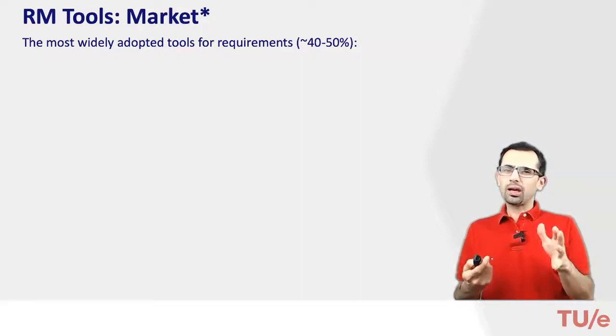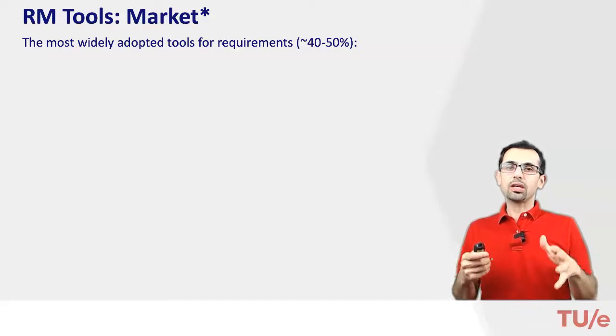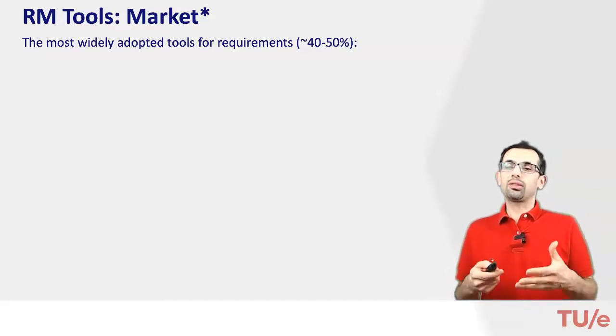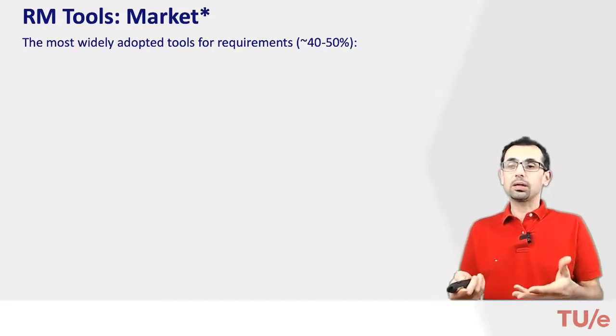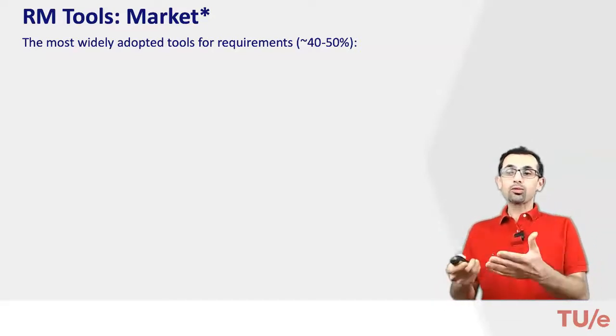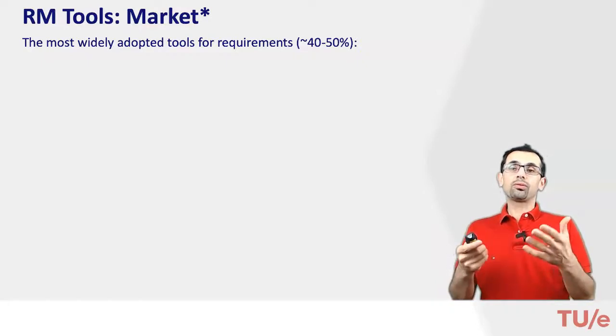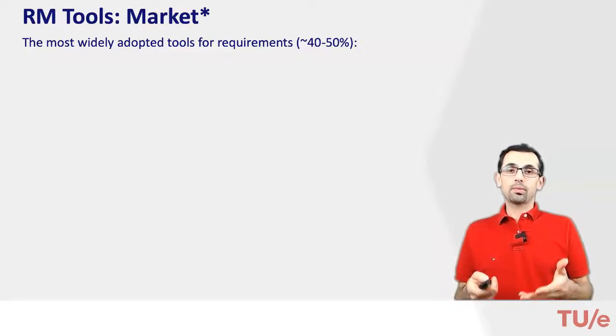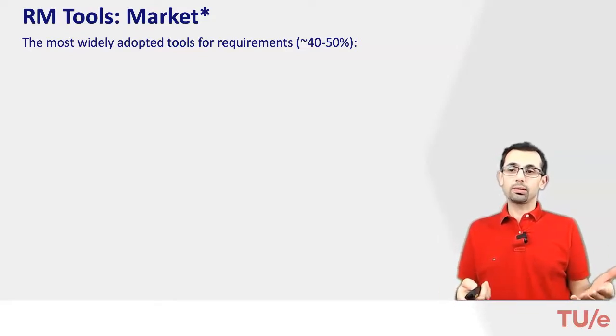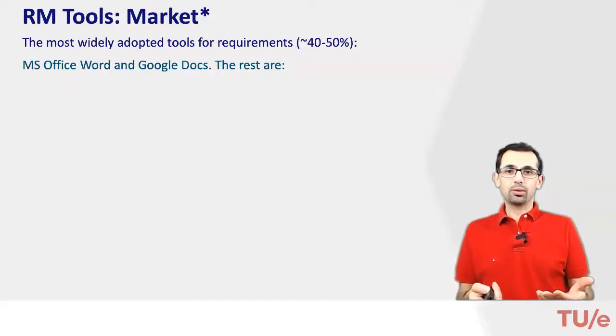But I don't expect a significant change in the last 2 years, so I think these numbers are still valid. What would your guess be for the most widely adopted tool for requirements in the market? I'm sorry to say, but it's Microsoft Word, or the equivalent, Google Docs.